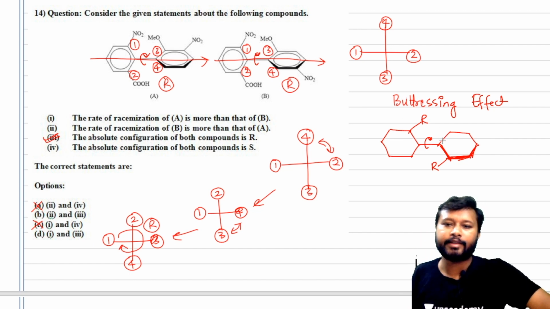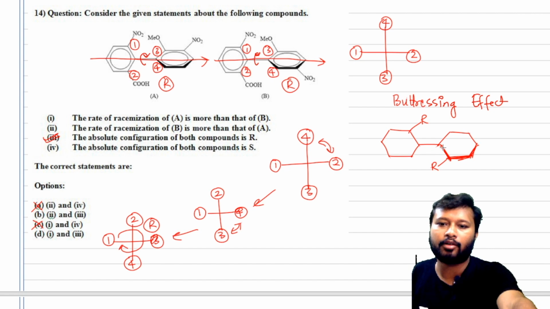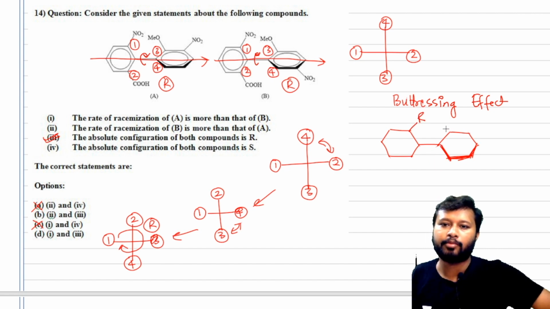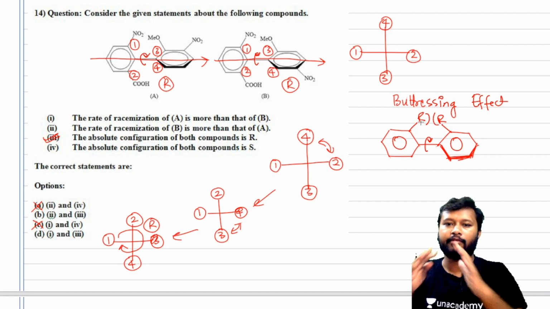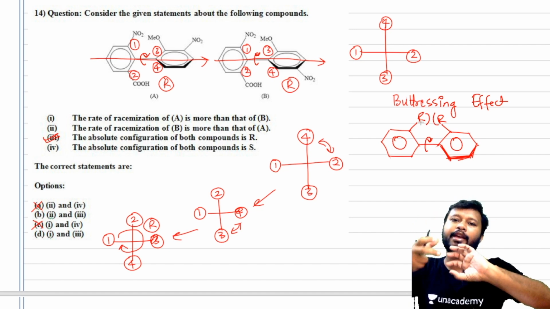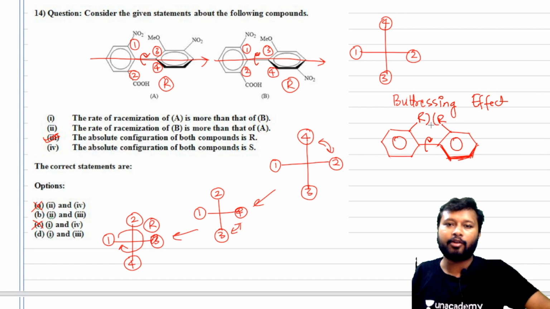Or to be very precise, let me draw it like this. If I have the alkyl groups like this, in order to restrict the rotation, these phenyl rings can actually rotate if these alkyl groups bend away. If they bend a little bit away, they can rotate, but that bending of these bonds can be restricted further if I place a group at this particular ortho position.